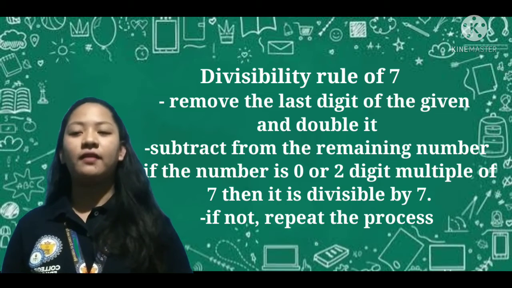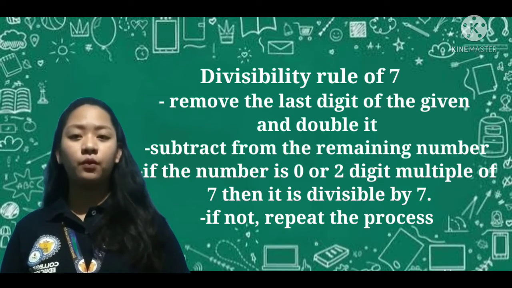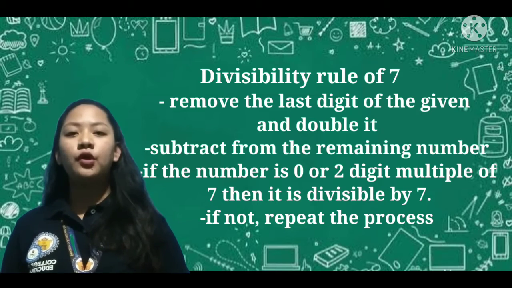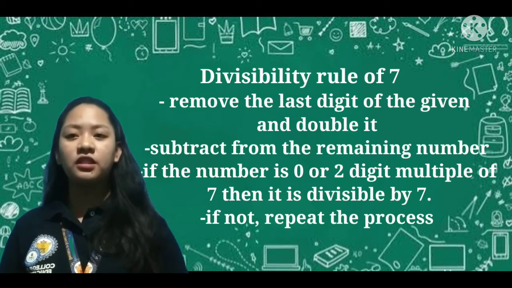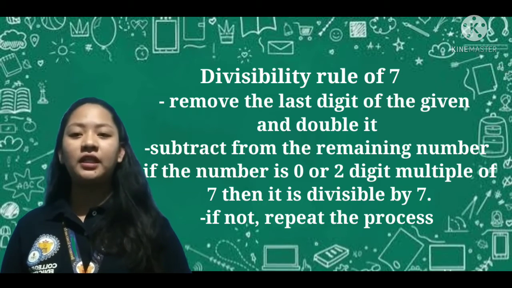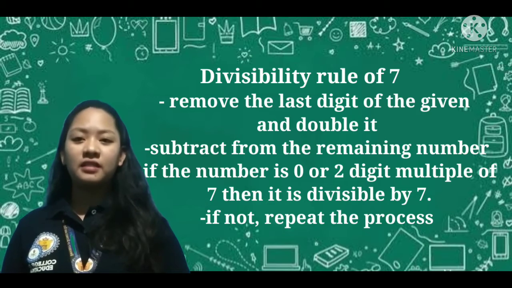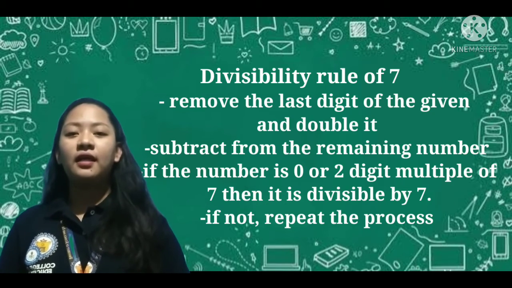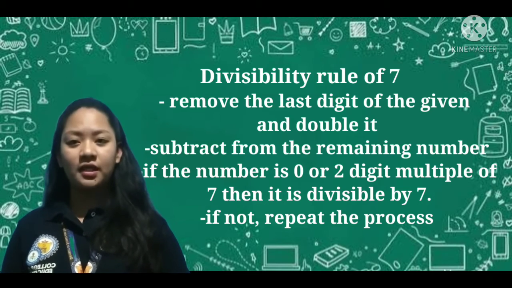Divisibility Rule of 7. Compared to the first 6 rules, the Divisibility Rule of 7 is more complicated. You have to remove the last digit of the given number and double it, then subtract it from the remaining number. If the result is 0 or a recognizable two-digit multiple of 7, then it is divisible by 7. If not, you have to repeat the process.